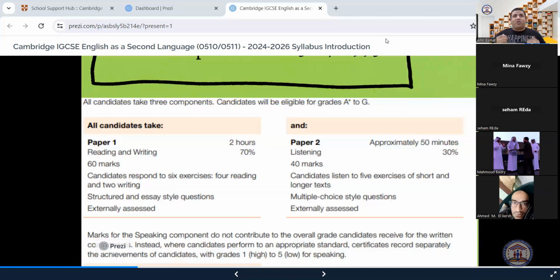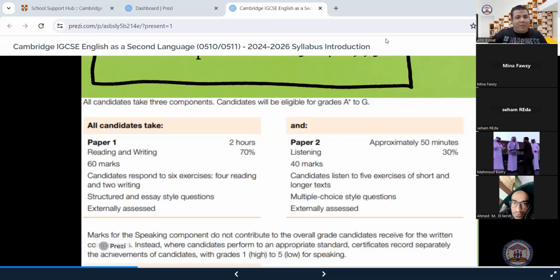The student has to sit for speaking, but at the same time, the mark of the speaking doesn't contribute to the overall mark of the whole test. So it's compulsory, and at the same time, the grade will not be counted. That's why we call it speaking endorsement.